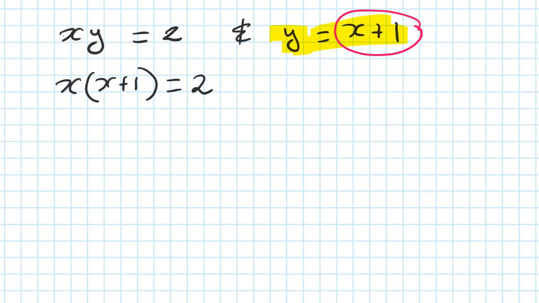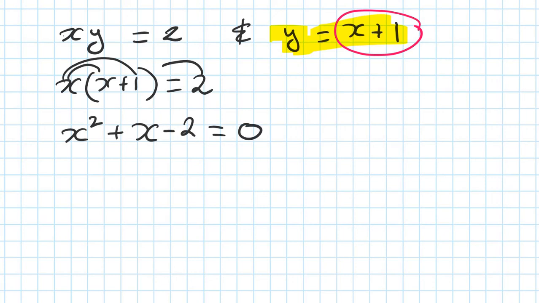You need to remove the bracket and move the 2 to this side, so everything becomes 0. This gives x squared, plus x, and the 2 moves over, so minus 2, is equal to 0.